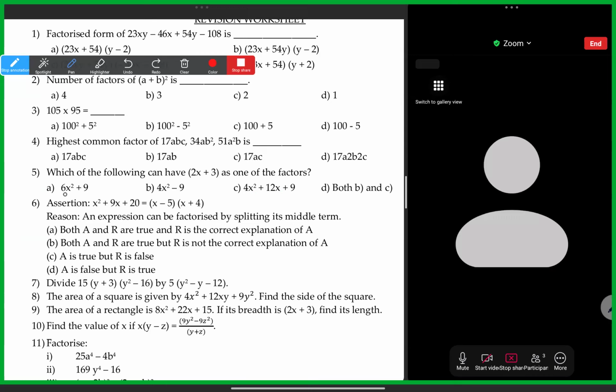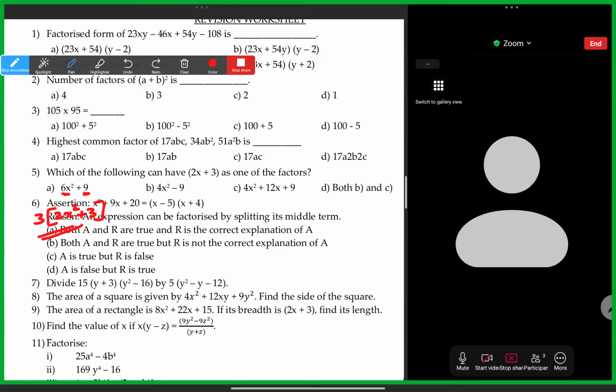In 6x square plus 9, what can we take common? 6 and 9, there is no x here, only number-wise we can take common. Among 6 and 9, 3 is common. So 3 into 2x square plus 3. We can write it maximum like this only, because in 9 there is no x, so we cannot take x common.